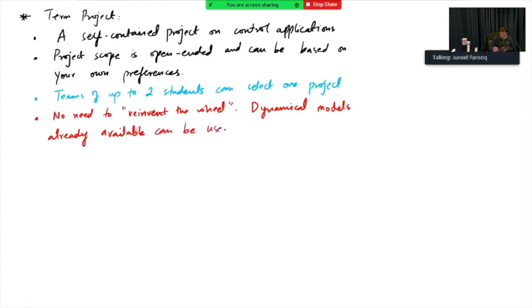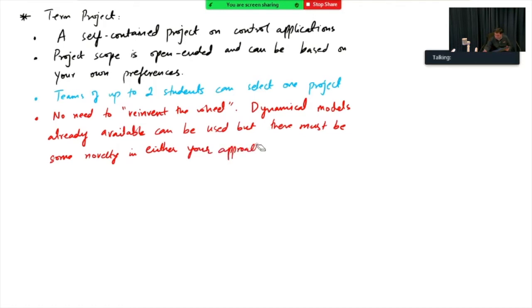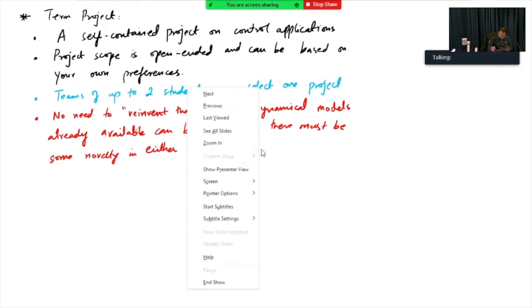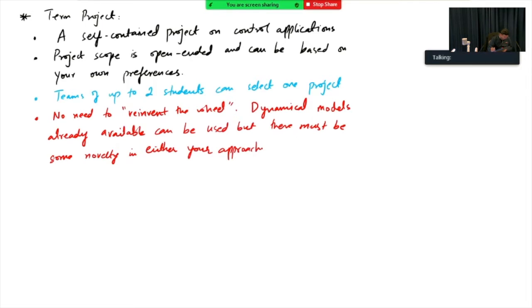Okay, so they can be used, but there must be some novelty in either your approach or application.